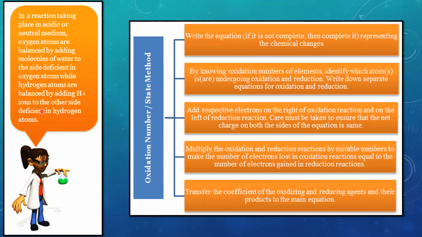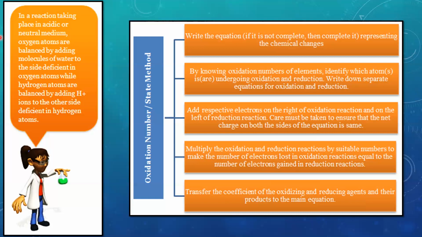And the thing that has to be kept in mind before we start balancing redox reactions is to check in which medium the chemical reaction is taking place, because on the basis of the medium, the process of balancing oxygen and hydrogen atoms changes.